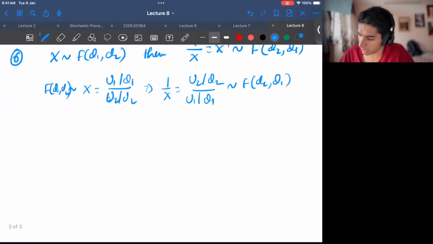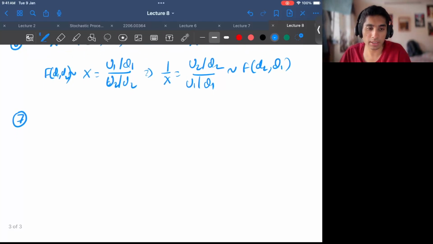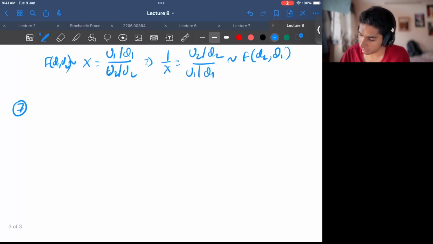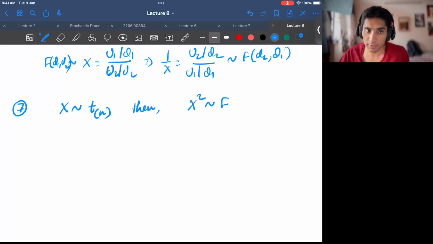Another property, the seventh property, is that if X is distributed according to Student's t distribution with degree of freedom n, then x squared is distributed according to an F distribution with parameters 1 comma n.